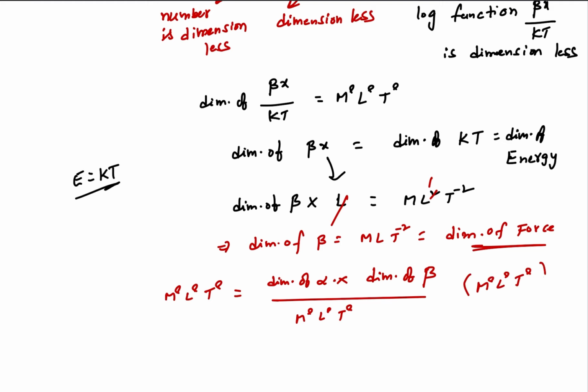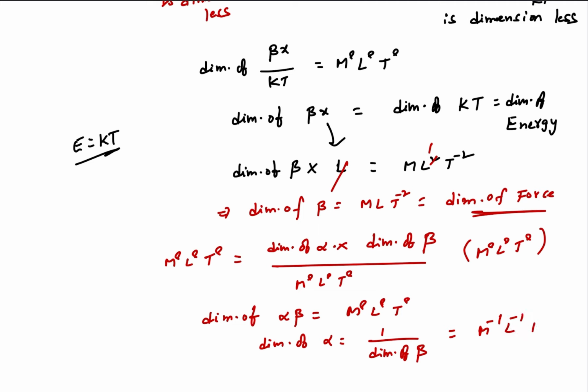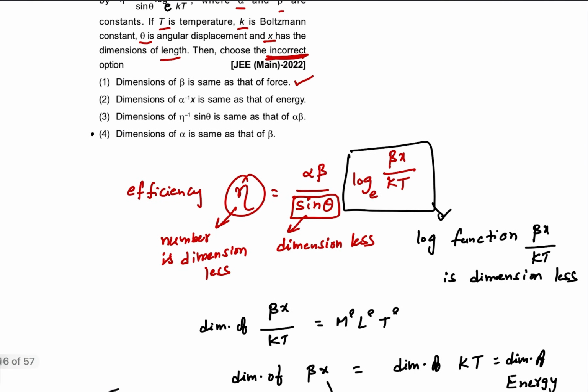So the dimension of alpha into beta is dimensionless, M^0 L^0 T^0. So I can write the dimension of alpha as 1 by the dimension of beta. The dimension of beta is M L T^-2, so the dimension of alpha is M^-1 L^-1 T^2.